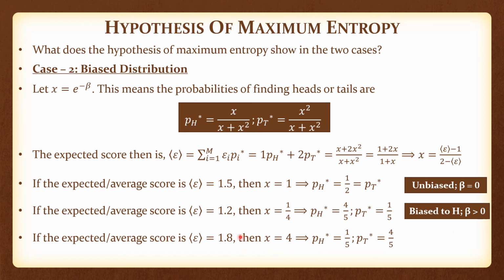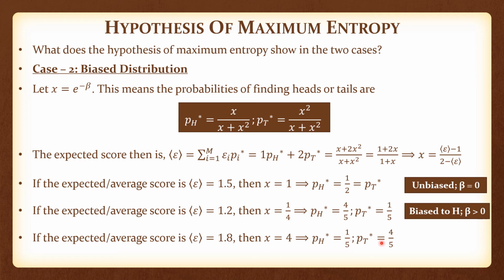Now if the expected score is 1.8, then that means 2 is more likely than 1, tail is more likely than head. You can substitute: 1.8 minus 1 is 0.8, 2 minus 1.8 is 0.2. Now it is the other way around, 0.8 by 0.2, so x is equal to 4. You can substitute this and then it's 4 by 4 plus 16, which is 1/5, and 16 by 4 plus 16, 16 by 20, which is 4/5.